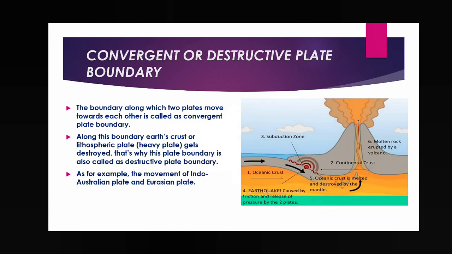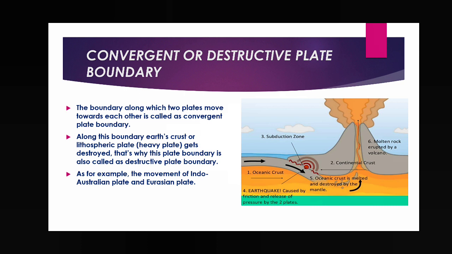Now come to the next, convergent or destructive plate boundary. Convergent means when two plates are moving towards each other. So convergent plate boundary is the boundary, or the place, along which two plates are moving towards each other, and when two plates are moving towards each other, they collide with each other, and when they collide, the heavier one, I have already told, the heavier one is going down.